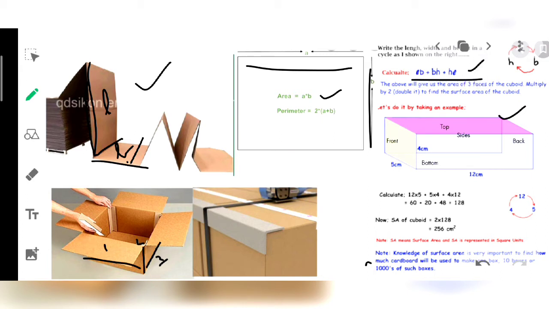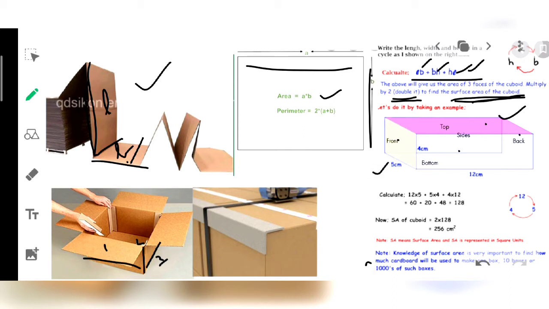This gives the area of the sides, and when we double it by multiplying with 2, we get the surface area of the cuboid. It is an easy method.